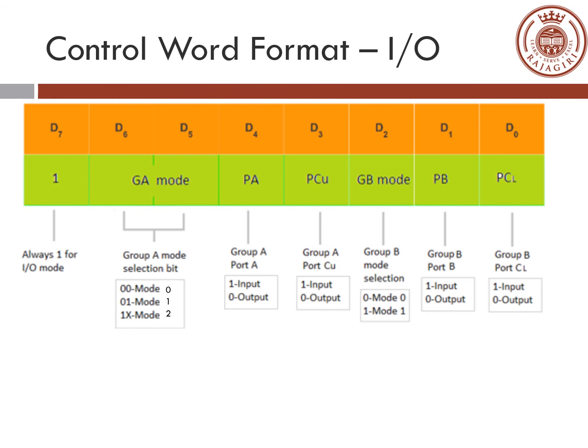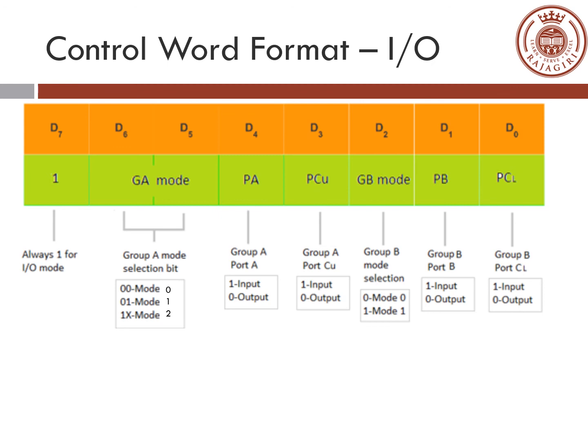The group A mode selection would be 00 for mode 0, 01 selects mode 1, and 1 with a don't care for mode 2. The next bit, D4, is the port A direction, 1 for input and 0 for output. And the D3 bit selects the port C upper half, which belongs to group A. Again 1 means input and 0 means output.